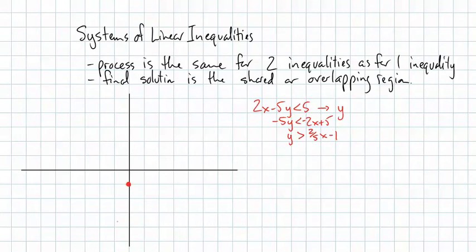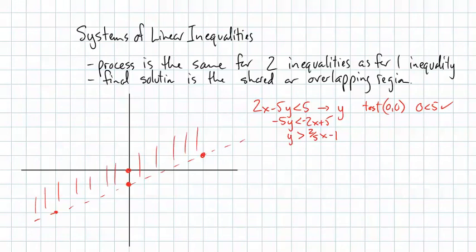So y-intercept of -1, slope of 2/5, dotted line because it's not equal to. Alright, testing the point (0, 0), which is what I usually choose because it's easiest. I would get 2 times 0 minus 5 times 0, or 0 less than 5, which is true. So (0, 0) is in the region, so I want this whole area over here.